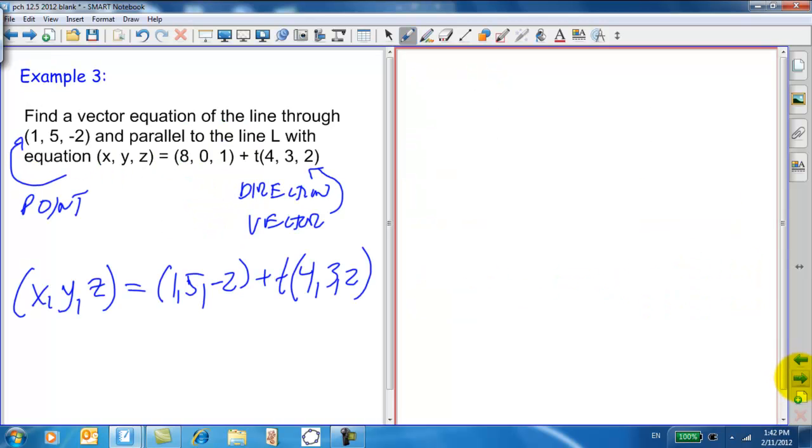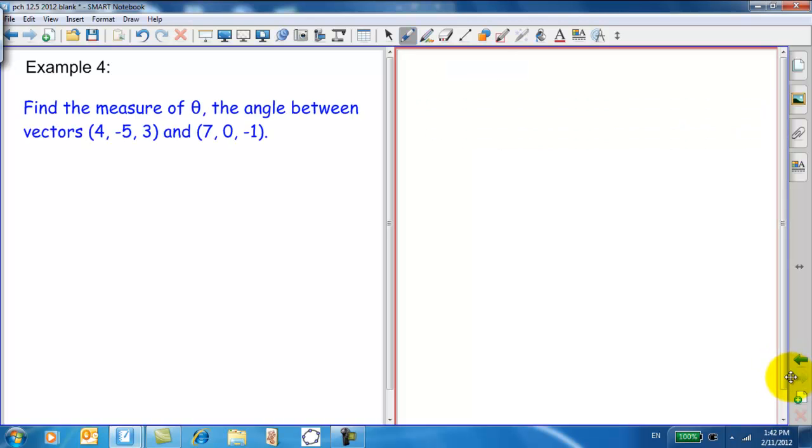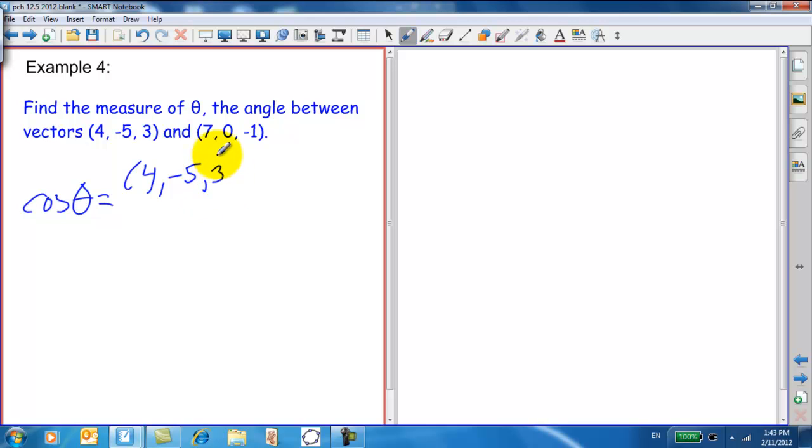Now, example 4, find the measure of angle theta, the angle between vectors 4, negative 5, 3, and 7, 0, negative 1. So we can just go through the work here: cosine of theta should equal the dot product of these two vectors, 4, negative 5, 3, dotted with 7, 0, negative 1, all over the product of their magnitudes.